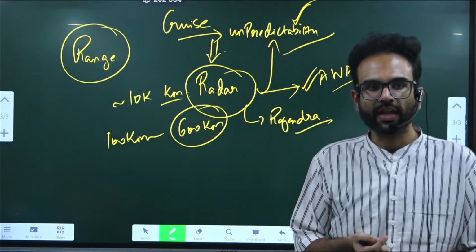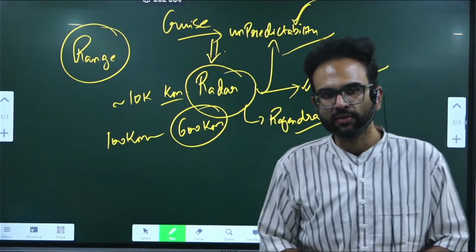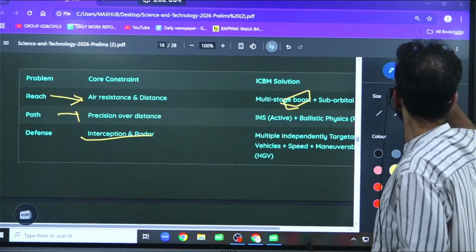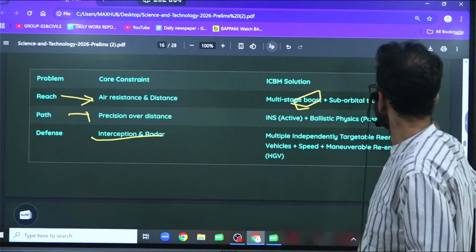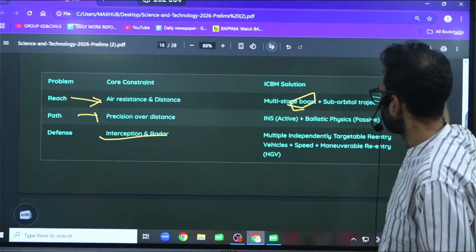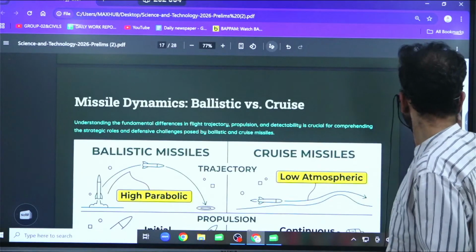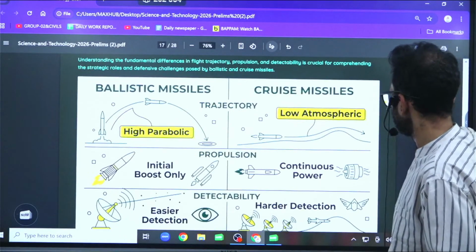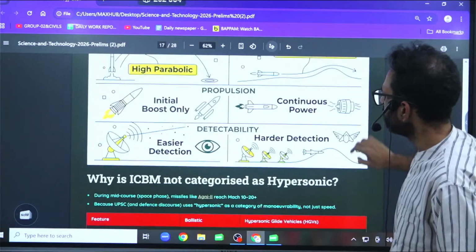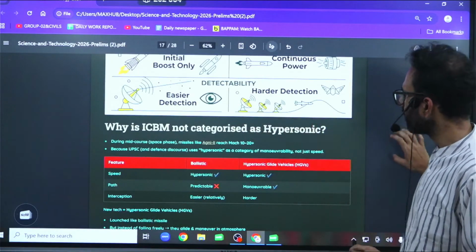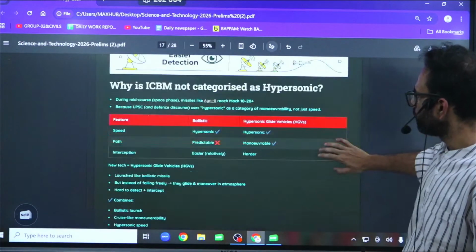On the basis of this, we classify many missiles. You can see the discussion on why ICBM is not categorized as hypersonic is about control.